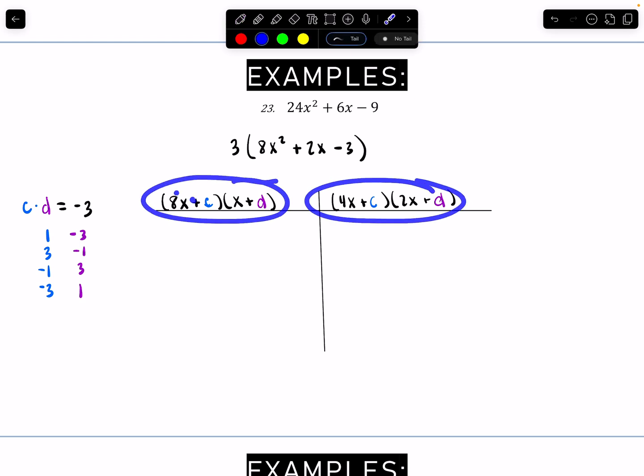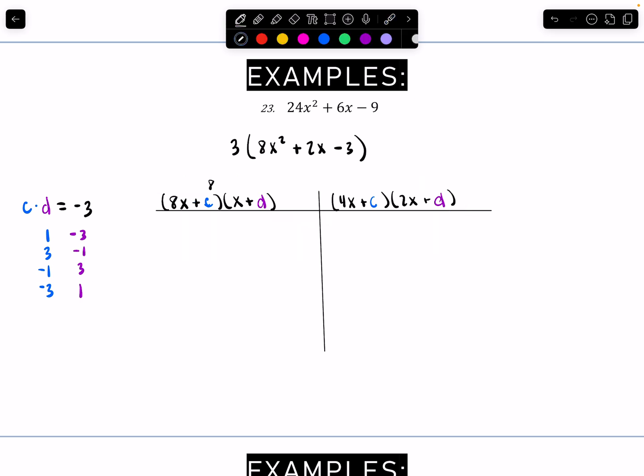But then 2 different things are going to happen here. In this case, we're going to have 8 times dx plus c times x, which means in this case, we want 8 times d plus c to give us that 2.